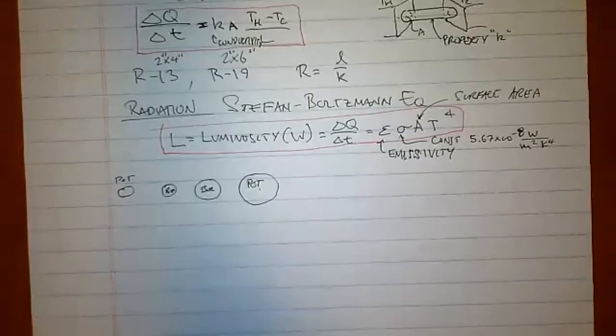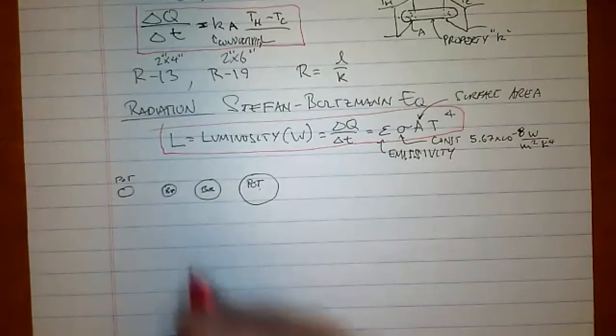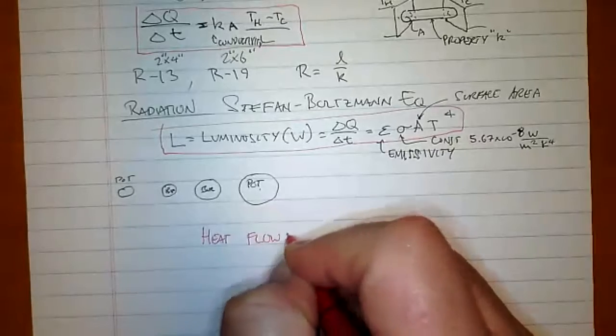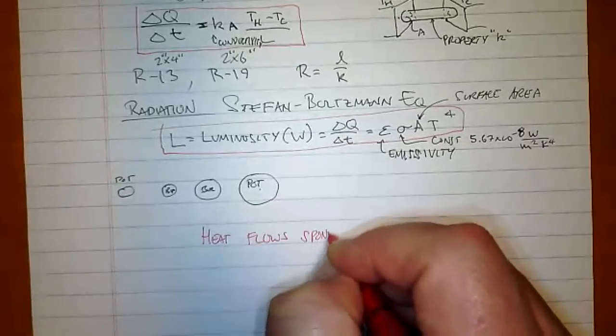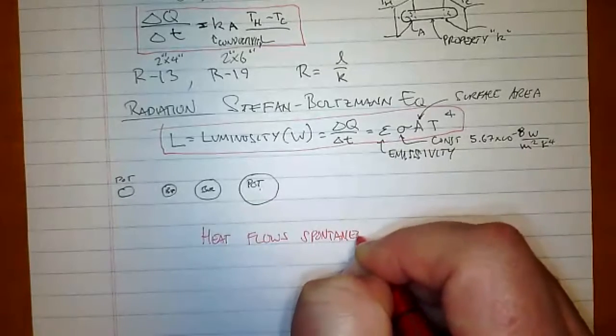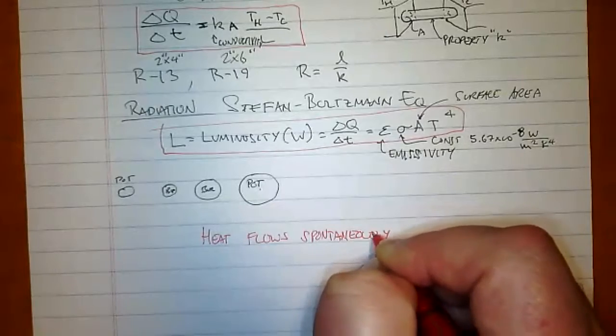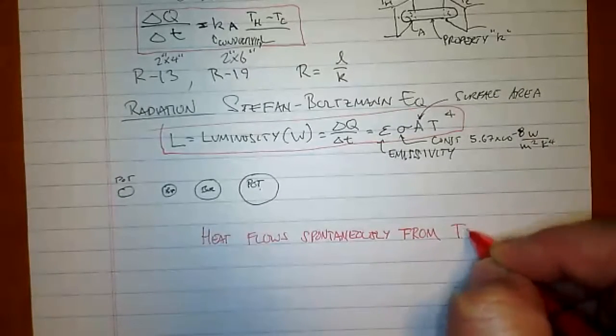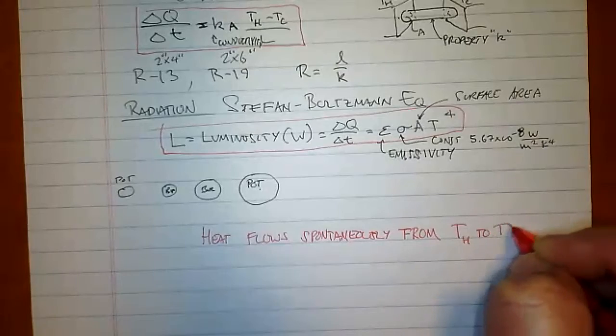And then finally, I want to talk to you about the second law of thermodynamics. I already mentioned one of them, and that was that heat flows spontaneously from a hot body to a cold body. So heat flows spontaneously from T hot to T cold.